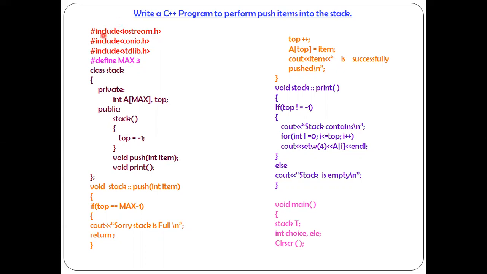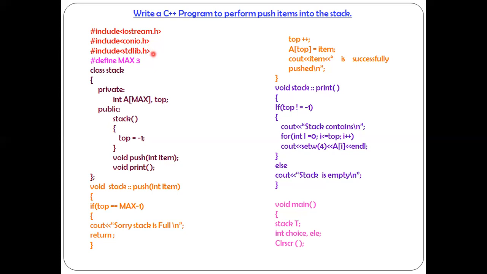Have a look at the first three header files. First one, #include within angular brackets iostream.h, stands for input output stream header file. Second one, #include conio.h, stands for console input output header file.